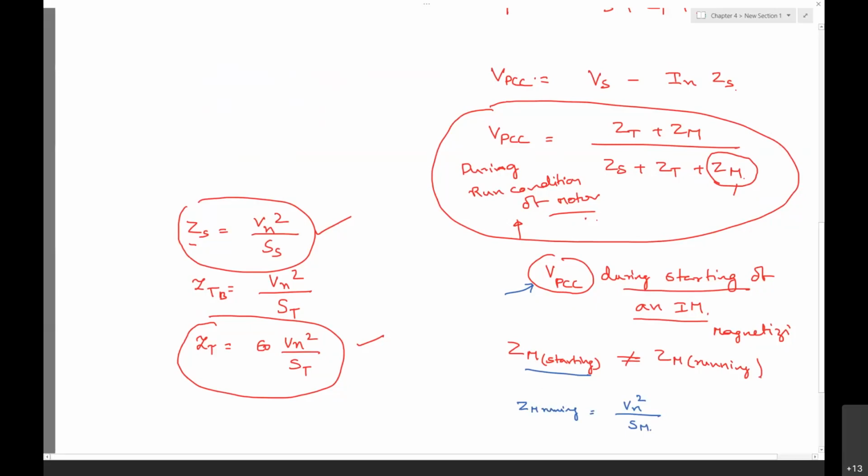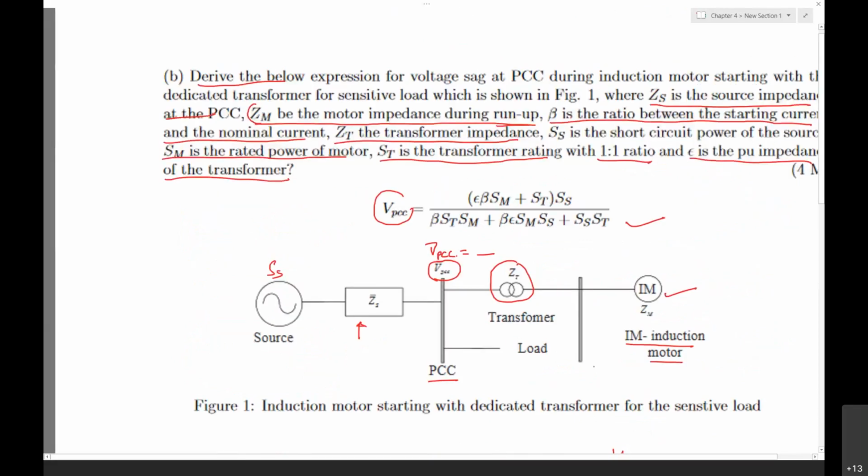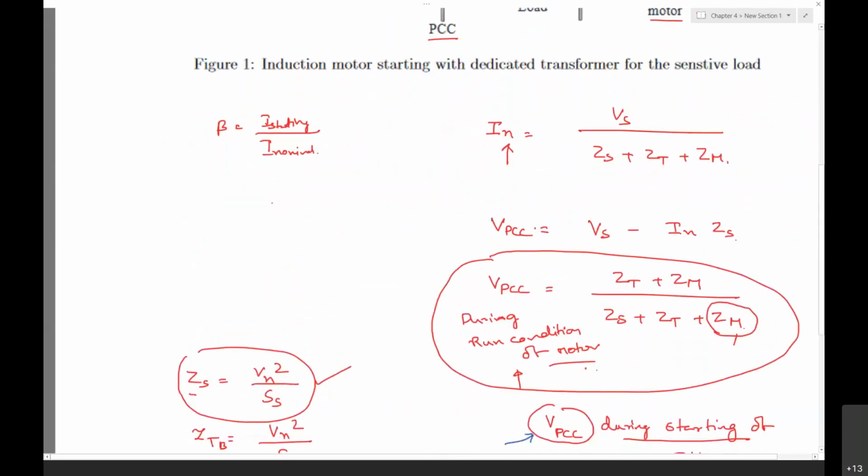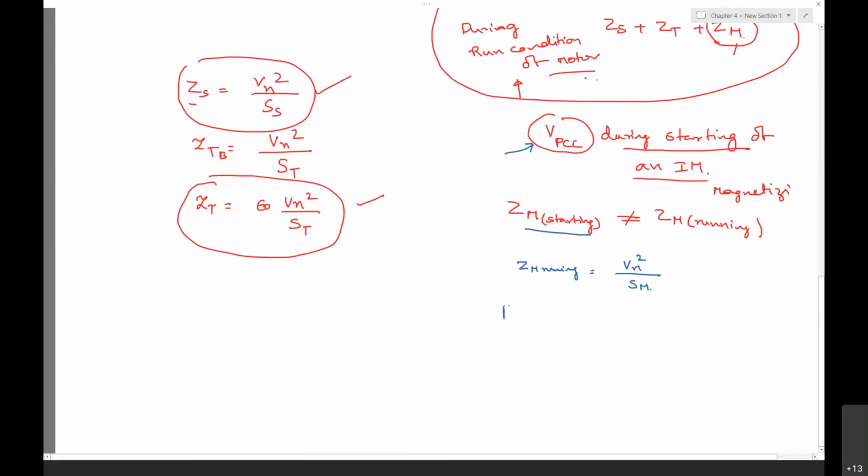Now, what is given in the question is beta, the ratio of the starting current to the nominal current of the motor.